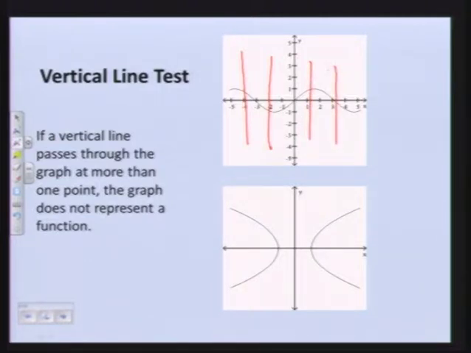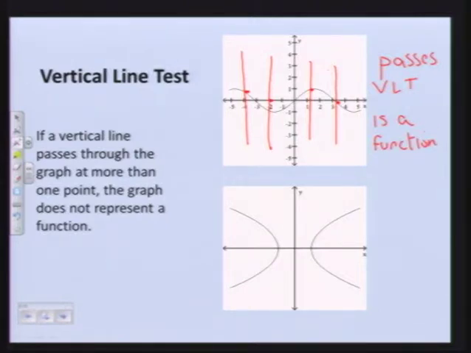So as you can see, drawing multiple lines through this graph, each vertical line hit the graph in only one spot. So because of that, this particular graph passes the vertical line test. Therefore, this graph is a function, or we would say it does represent a function.